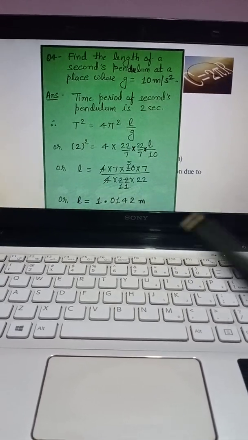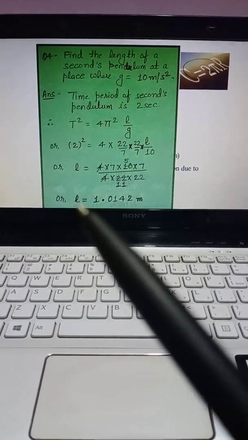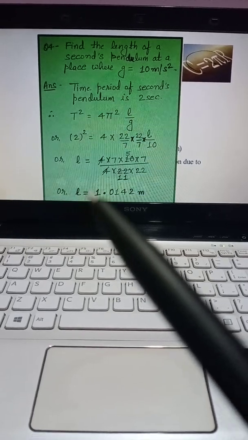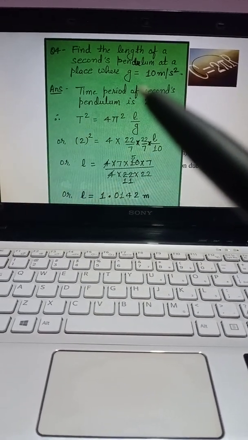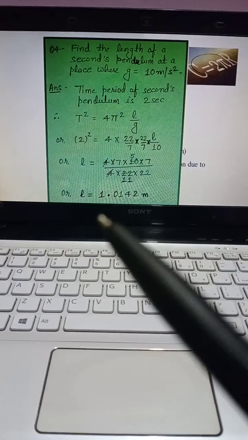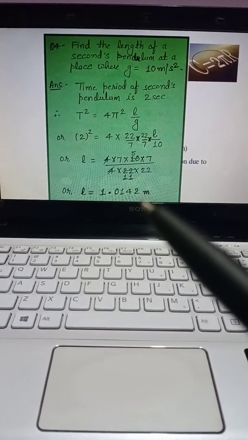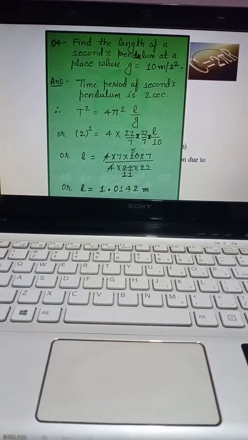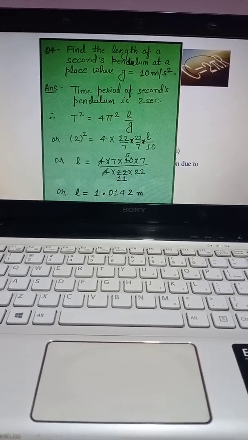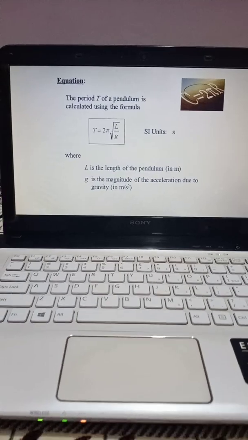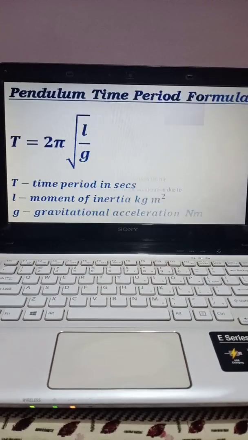After solving, we have got the length of the pendulum at a place whose acceleration due to gravity is 10 meter per second square as 1.0142 meter.